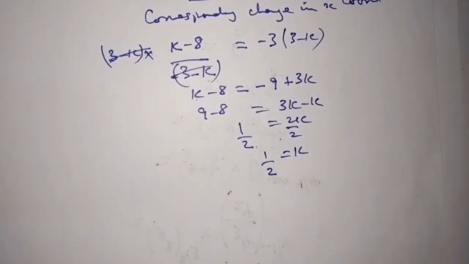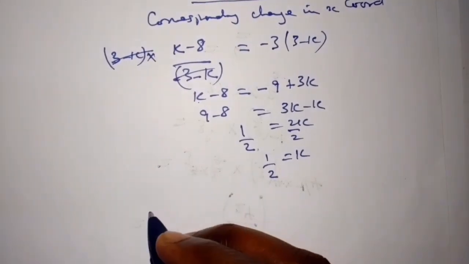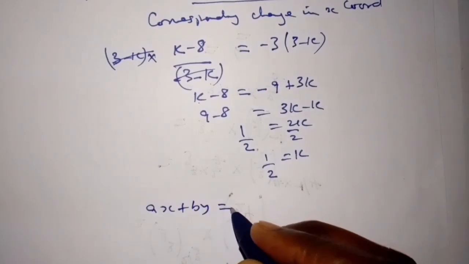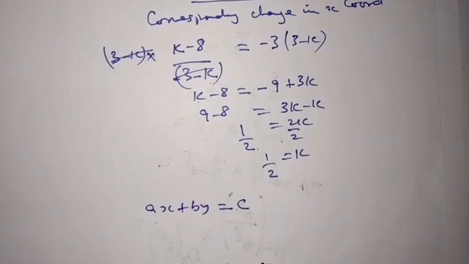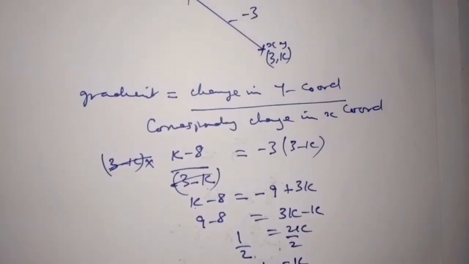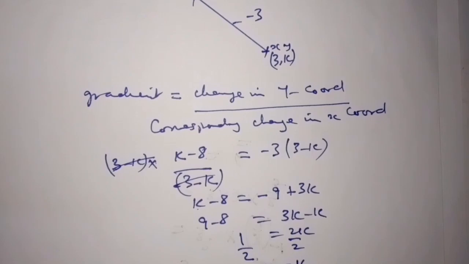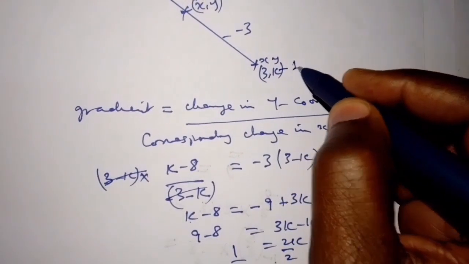Now we want to form an equation of this line in the form of ax plus by is equal to c. So now we can take one point of this line. We can take this point 3k, and already we have found k to be 1/2.